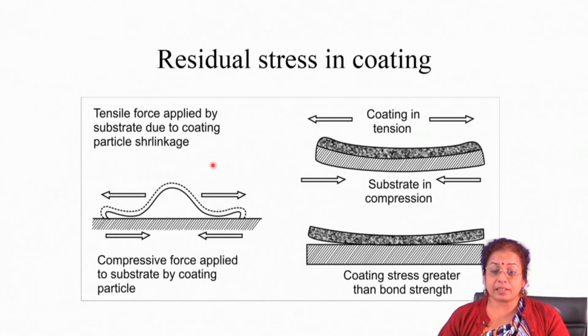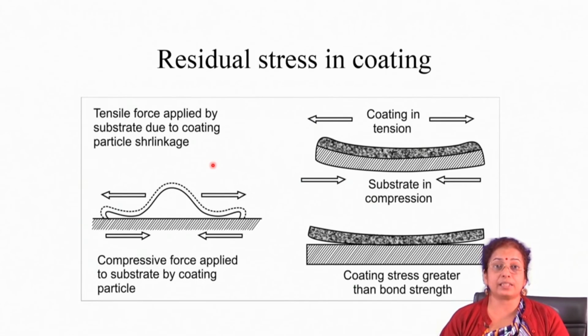Finally, another important defect very much associated with thermal spray deposition is residual stress. Residual stress is generated because whenever you are spraying, the sprayed coating is cooled at a much faster rate. That faster cooling creates trouble, because it introduces a lot of residual tensile stress in the coating.